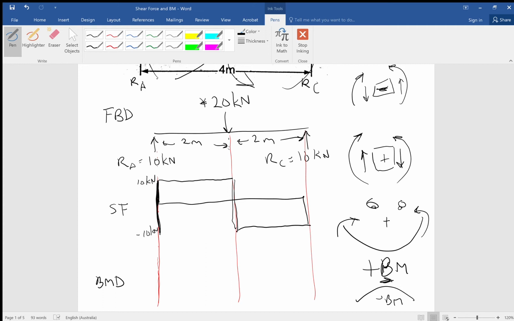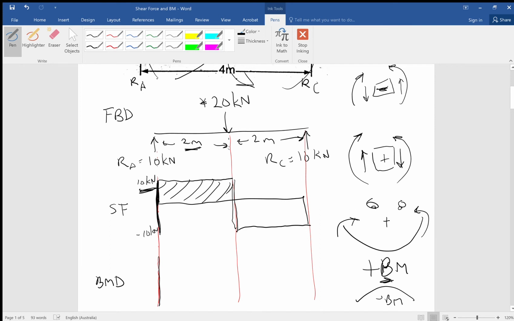So we work out our area underneath our shear force. So we have 10 kilonewtons multiplied by our distance gives us a 20 kilonewton meter value for a bending moment that's positive.